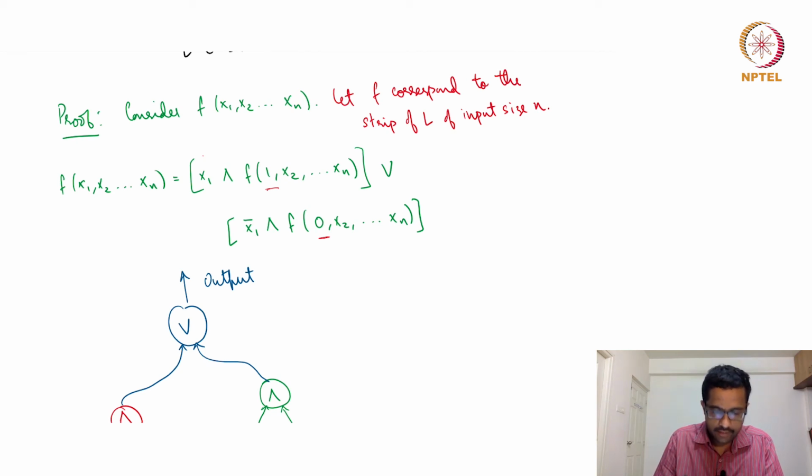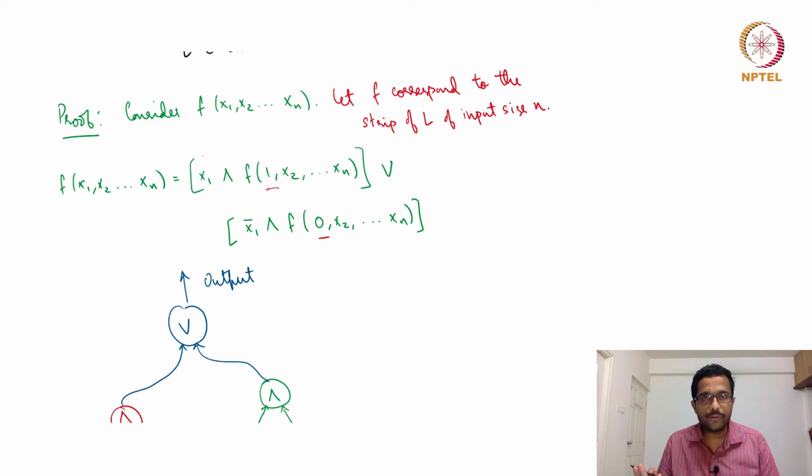So when x1 is equal to 1, only the first term comes into play, because the second one becomes negation of x1, which is 0, so it just vanishes, and we have f of 1 comma x2 etc. Similarly when x1 is 0, only the second term comes into play. So you can easily verify that this equation is valid.